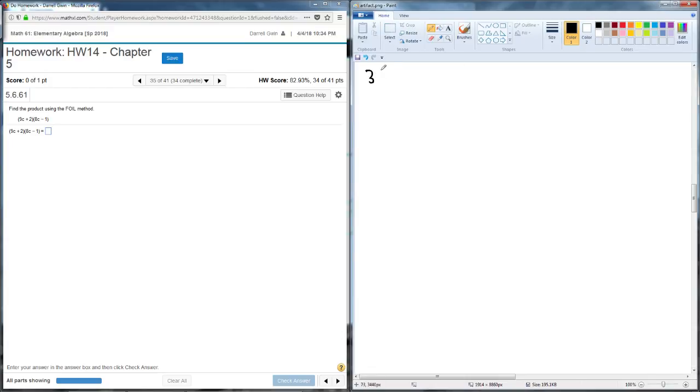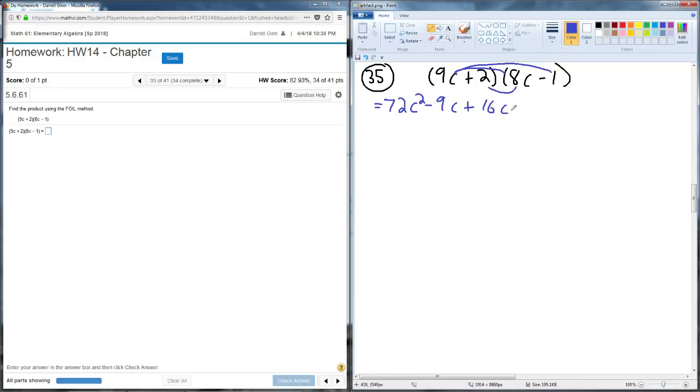35. FOIL 9c plus 2 times 8c minus 1. Okay. FOIL again. 9 times 8 is 72. And c times c is c squared. 9c times negative 1 is just negative 9c. 2 times 8c is 16c. And 2 times negative 1 is negative 2.